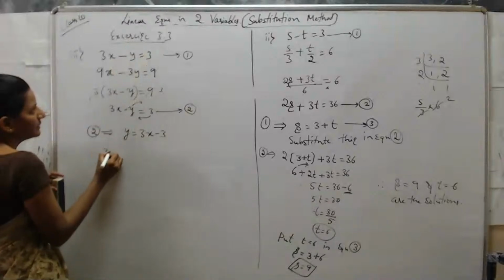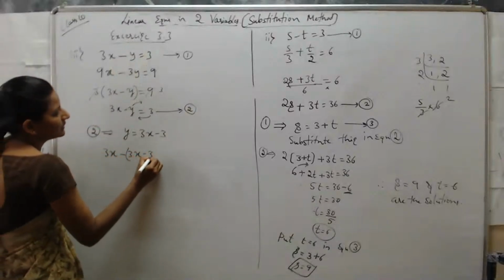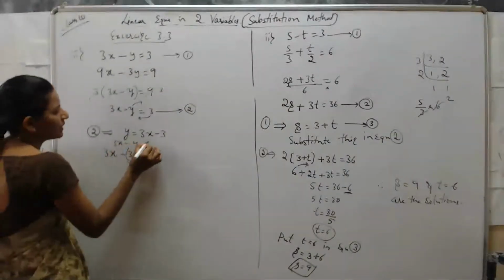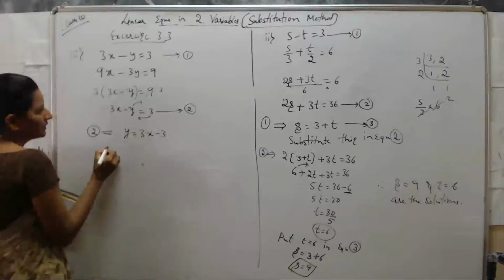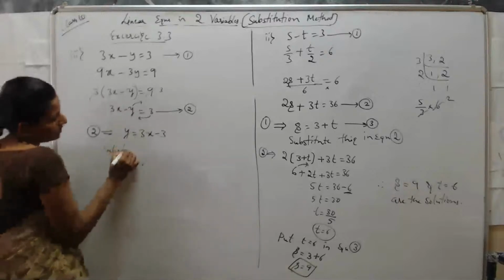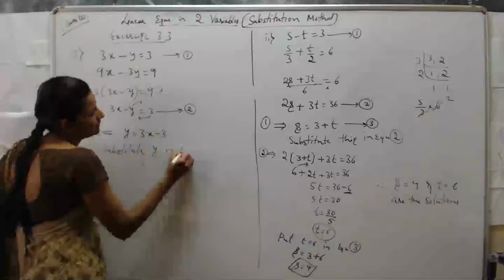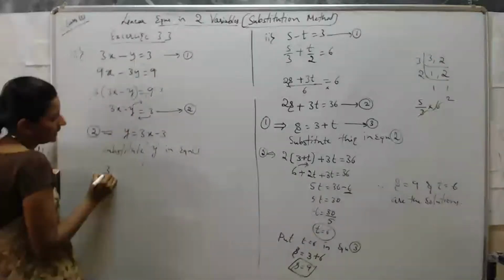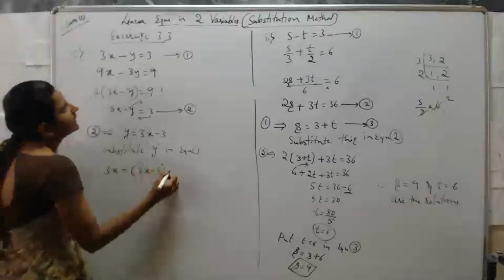What happens? What is equation 1? 3x minus y is equal to 3. I will write it again. Substitute y in equation 1, because you should understand. What is y? 3x minus 3.